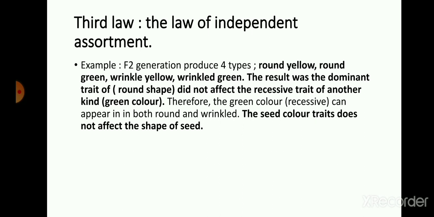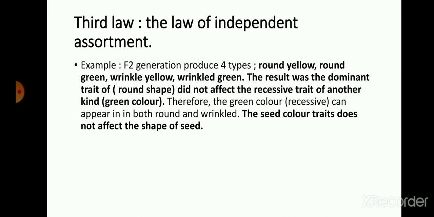Color has two traits: yellow, which is dominant, and green, which is recessive. Shape has round, which is dominant, and wrinkled, which is recessive. But round shape doesn't affect the recessive trait of color, that is green.